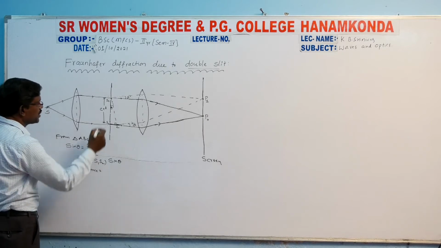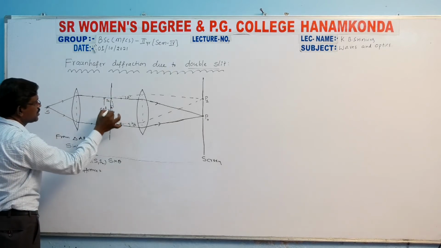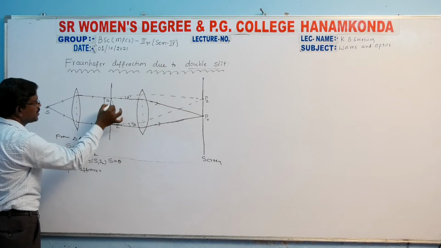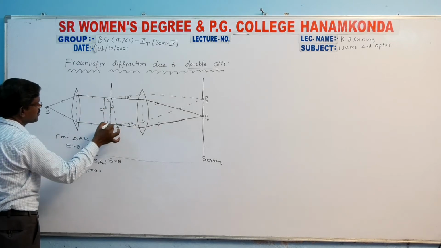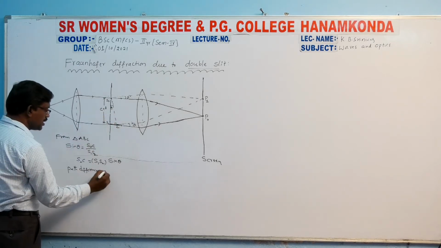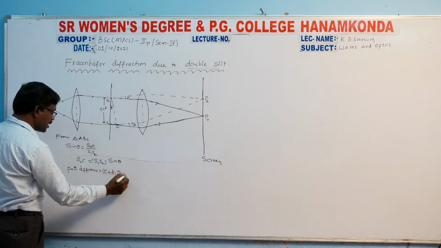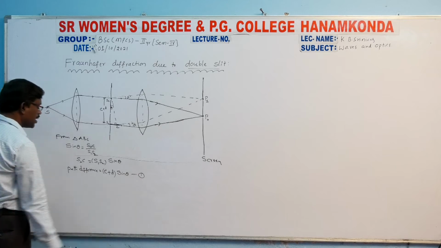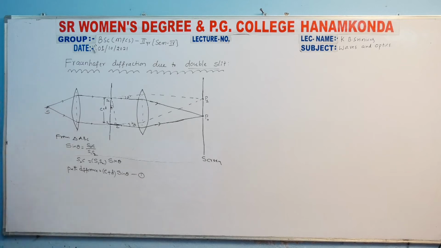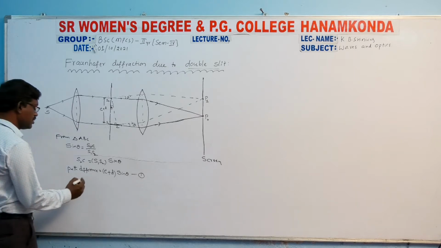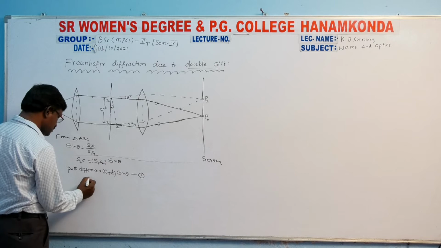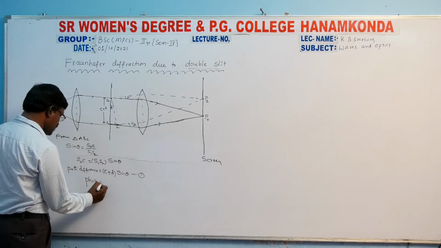What is the value of S1 S2? S1 S2 represents the distance from center to center of the two slits, which is equal to e plus d. So it is e plus d into sin theta. I have calculated the path difference between the two rays as (e plus d) sin theta. My next aim is to calculate the phase difference.